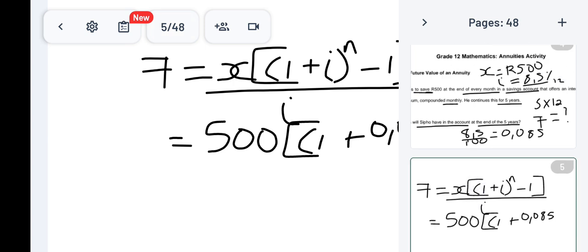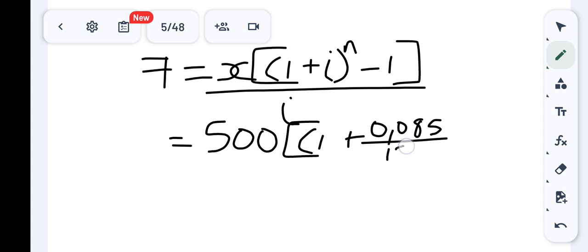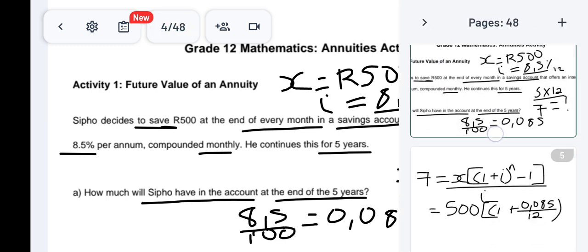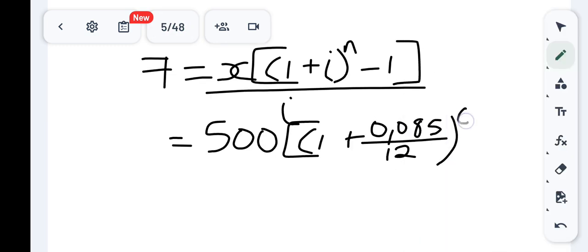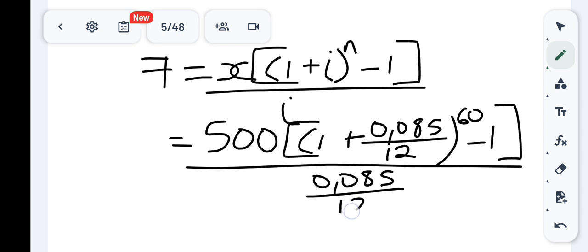Remember they said compounded monthly, so we need to divide our interest rate by the compounding period, which in this case is 12, and then close our bracket. What is n? n is 5 multiplied by 12, that is 60, right? Minus 1, and then you divide by 0.085, which is your interest rate, but don't forget to divide your interest rate by the compounding period.